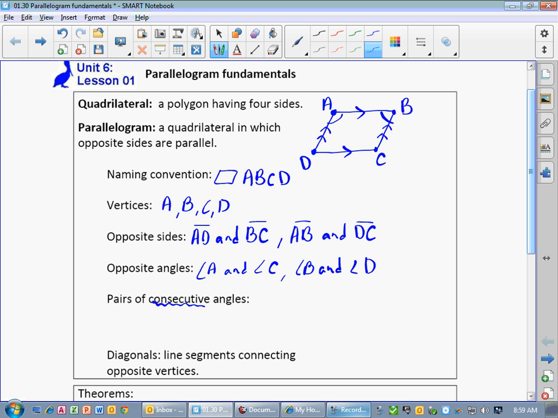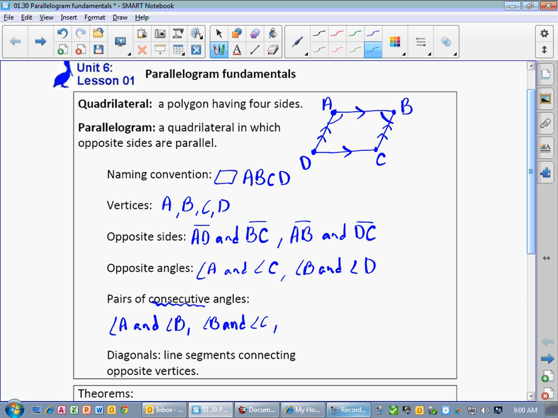One pair would be angle A and angle B. Another pair would be angle B and angle C. Consecutive means one right after the other, like if you're absent for 4 consecutive days, that means 4 in a row. So A and B are consecutive, but A and C wouldn't be because they're not one after the other.